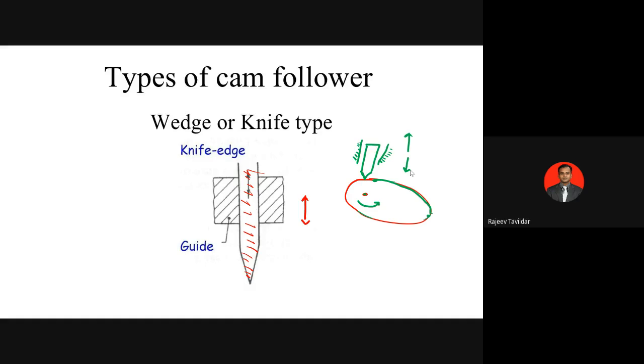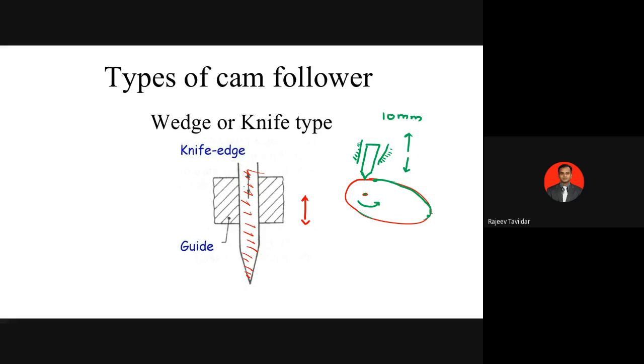Now suppose I want this cam profile to be used for a particular application wherein I want the follower to precisely lift, say for example 10 mm. This is my requirement. I want the follower to be lifted by exactly 10 mm.